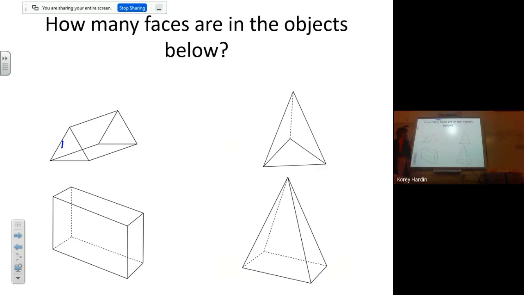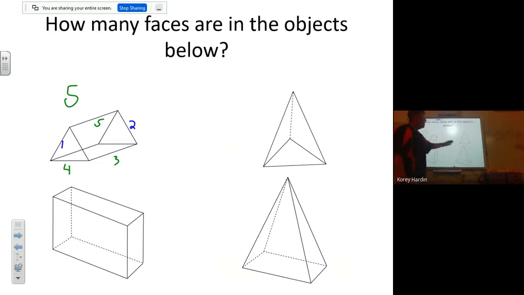So I've got the bottom of the triangle, the top of the triangle, okay? After that, I've got 1, 2, 3 sides. So altogether, when I'm totaling these up, the 2 on the ends and then the 3 in the middle, you have a total of 5 sides for this prism.